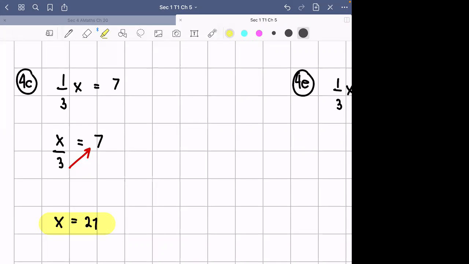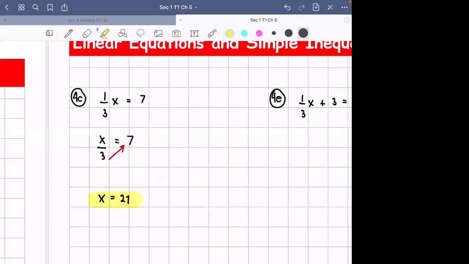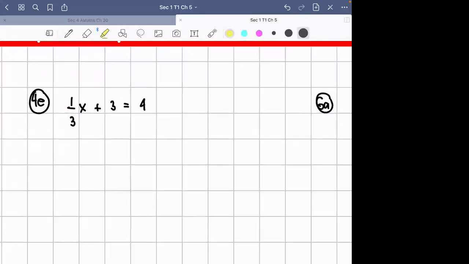Okay, so I will explain until 7B, don't worry, guys. Now next is 4E. So we have 1/3 x plus 3 equals 4. Instead of 1/3 x, I'll rewrite this as x over 3 equals 4. And then I'll transpose 3 to the other side, so it becomes minus 3, right?